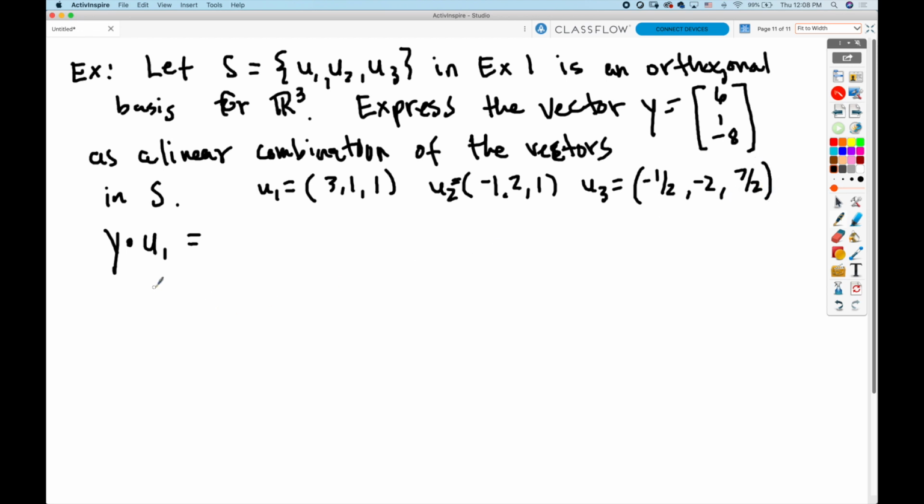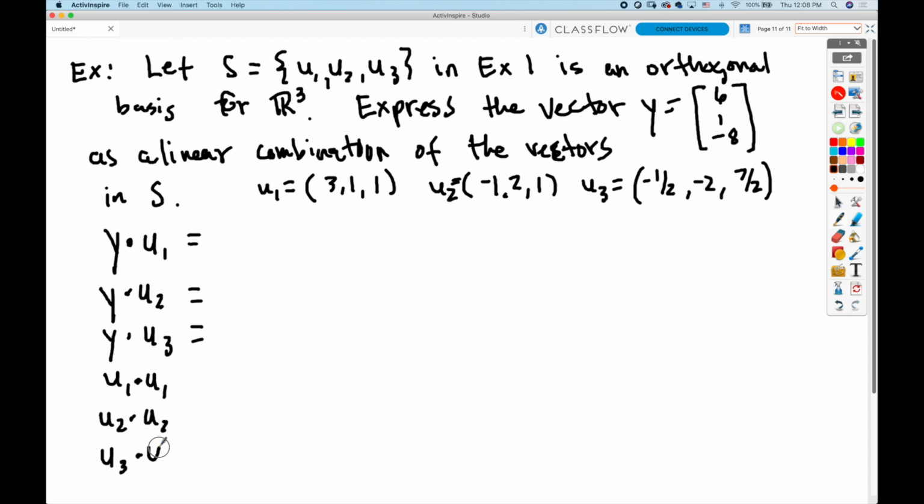So we need to figure out y dot u1, y dot u2, y dot u3. We also need u1 dot u1, u2 dot u2, and u3 dot u3. I just want to follow theorem 5.